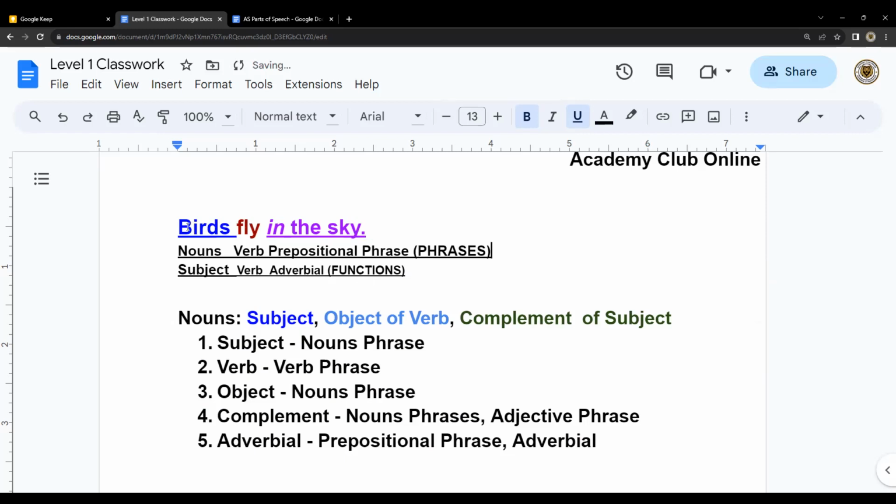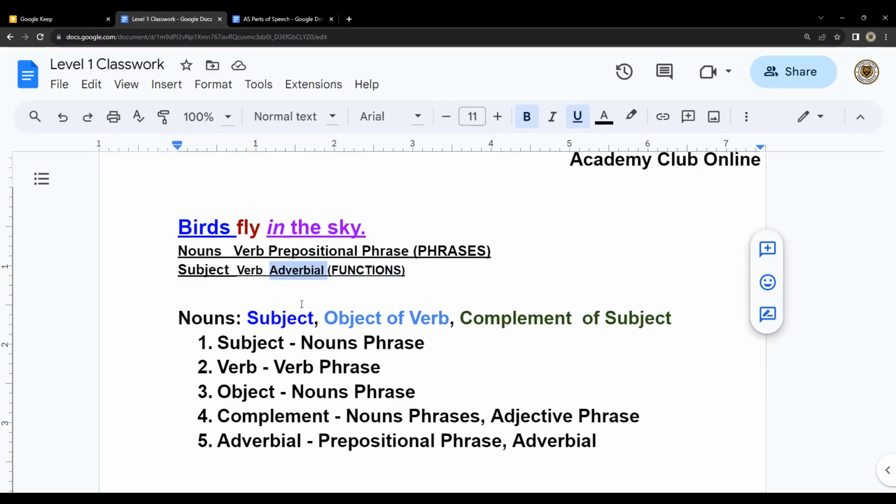Phrases. Bird is a noun. ¿Cuál es su función en la oración? It's the subject, right? So, in the sky is a prepositional phrase y la función que tiene es adverbial. Yes or no? Yep.